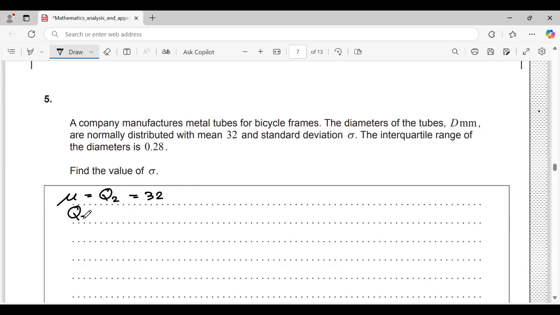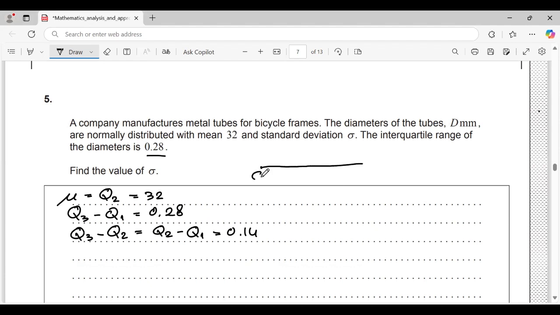And it means the third quartile minus the first quartile is 0.28. So the third quartile minus the second quartile equals the second quartile minus the first quartile, and it is 0.14. If the illustration is like this, this is the first quartile, this is the second quartile, this is the third quartile.